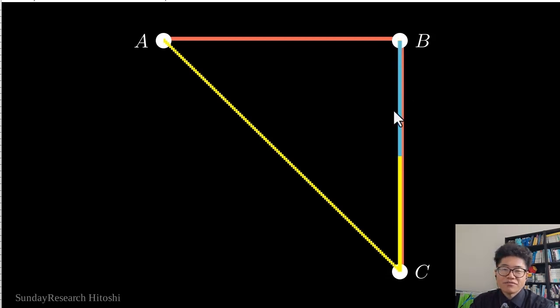Cut in half and move. I repeat this process again and again. During this process, no segment is stretched or shortened, so the total length never changes. But the zigzag path looks closer and closer to a straight diagonal line.